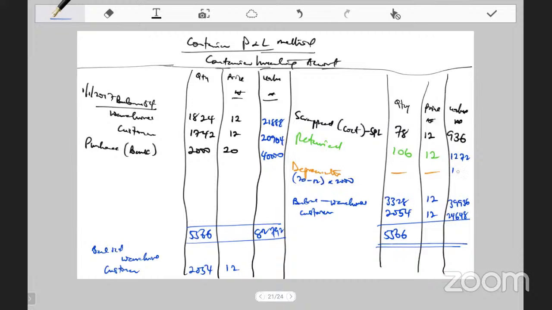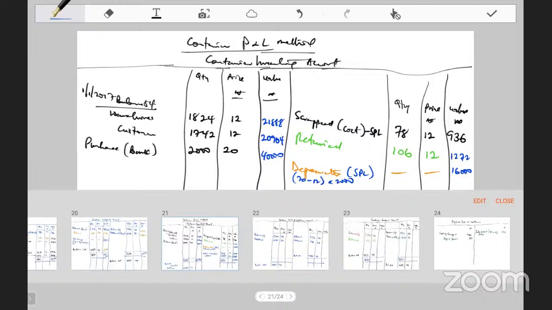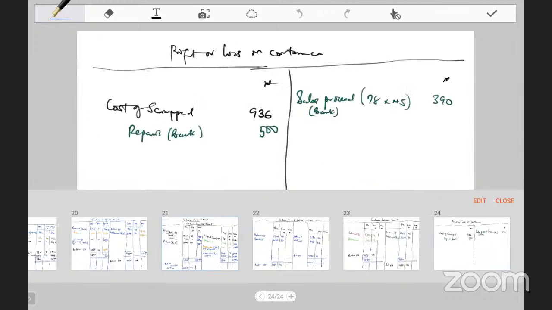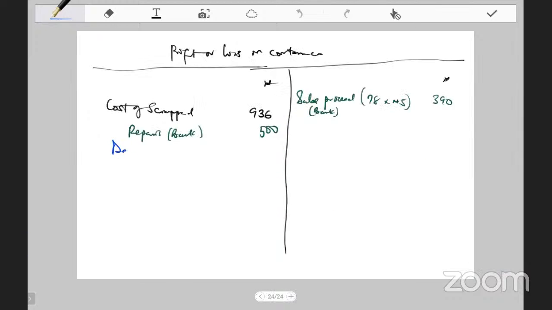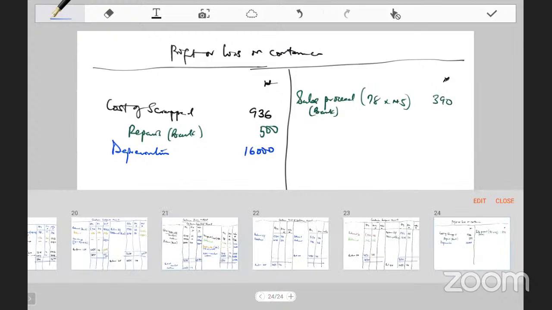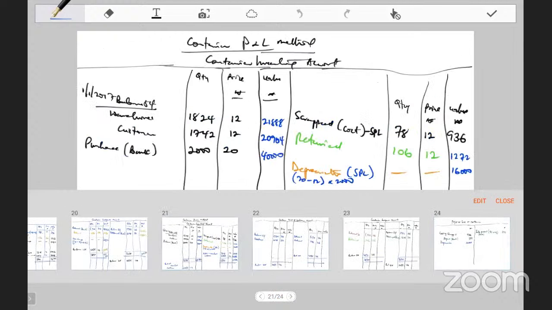That will give me 16,000. Don't forget, depreciation is an expense which goes to the statement of profit or loss. So I bring it here, depreciation. What's the value of the depreciation, class? 16,000. Okay, let's now wrap up all the other accounts.